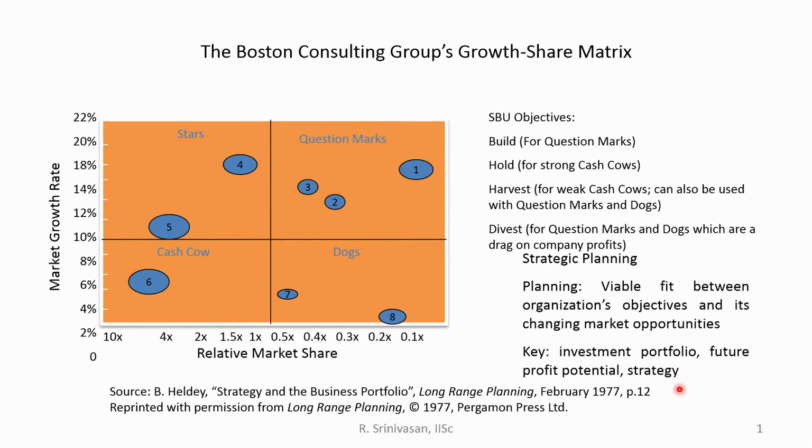So, this is a wonderful matrix which was put initially by the BCG company and used now also by almost all the companies which are operating in the competitive market. Why are we considering this matrix here?